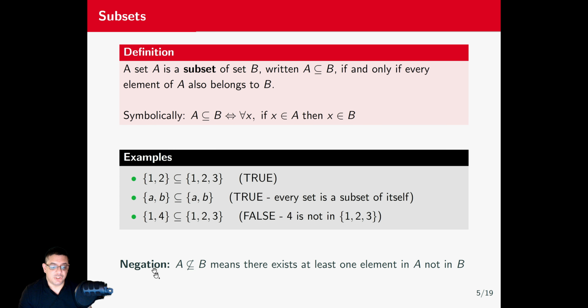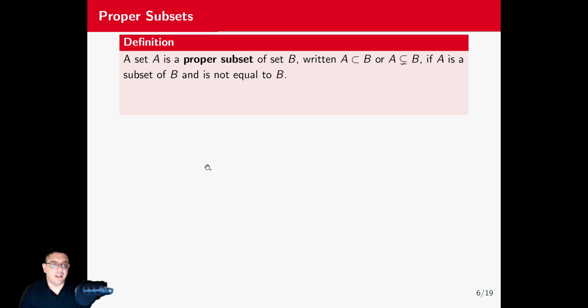Now, in terms of negation, A is not a subset of B means that there is at least one element in A that is not in B. Like in this example, 4 is here, but it's not here. So that's why it's not a subset. Now, let's talk about proper subsets.